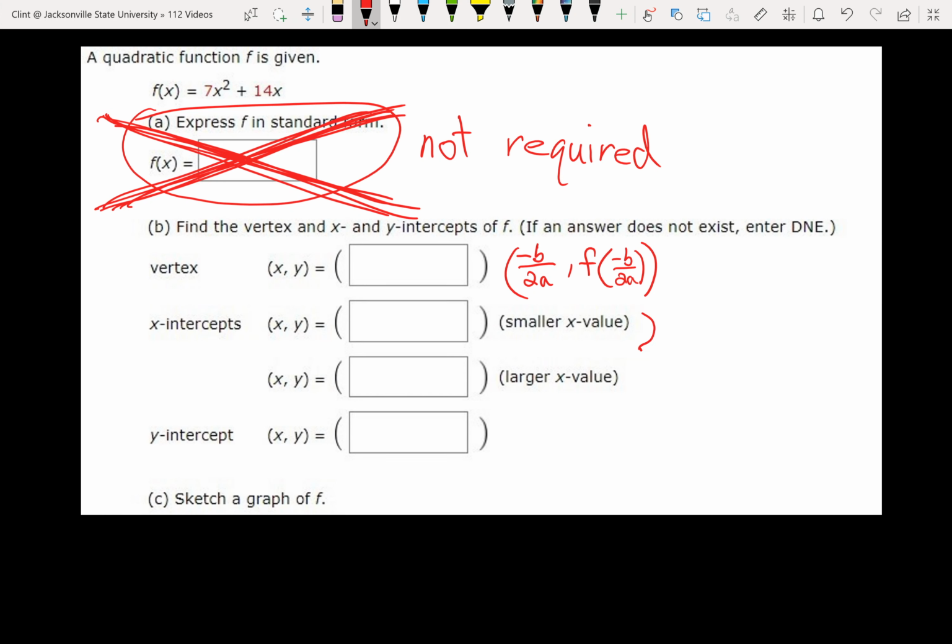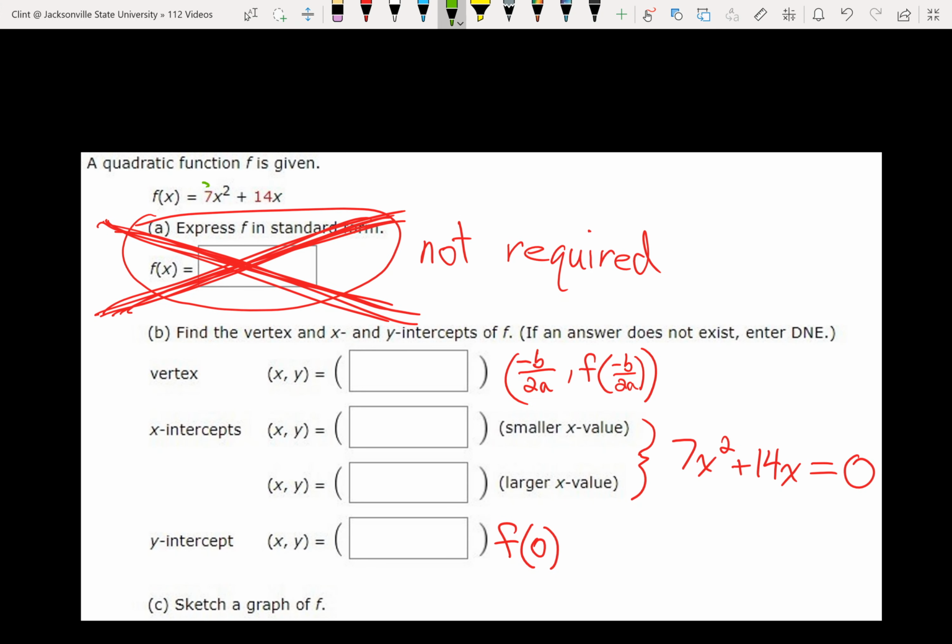For the x-intercepts, we're going to take our function, set it equal to 0, and solve for x. And then for the y-intercept, we're going to find f of 0, and that will tell us where our y-intercept is.